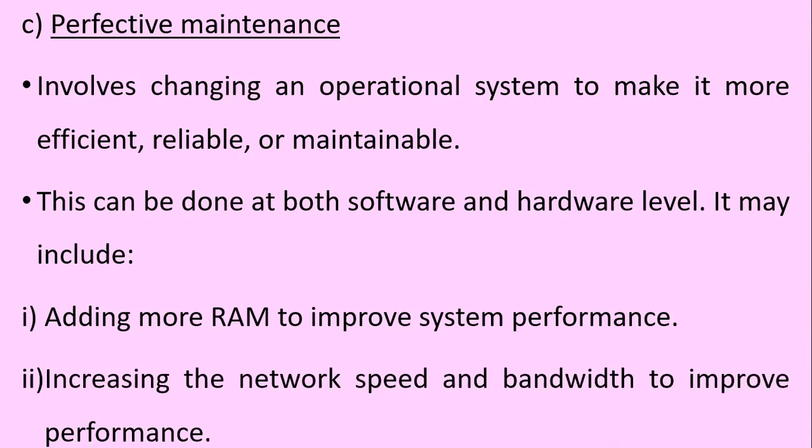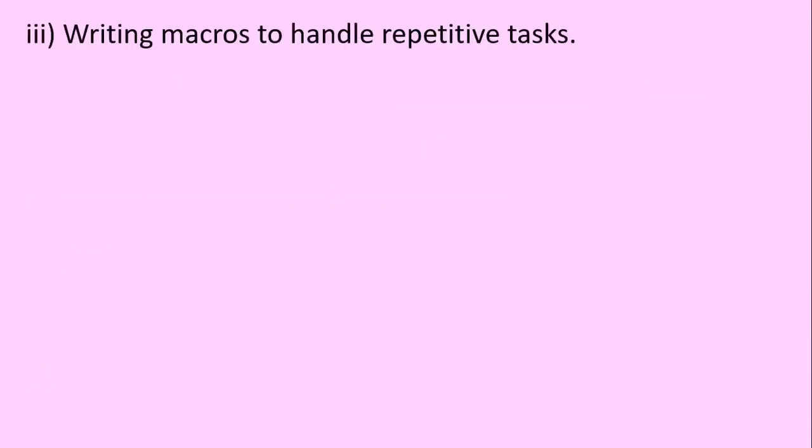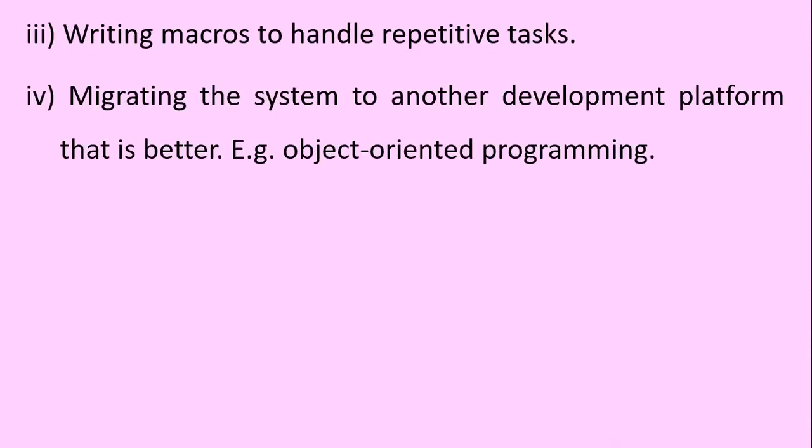Number two, increasing the network speed and bandwidth in order to improve performance. Number three, writing macros to handle repetitive tasks. Number four is migrating the system to another development platform that is much better, for example, object-oriented programming.